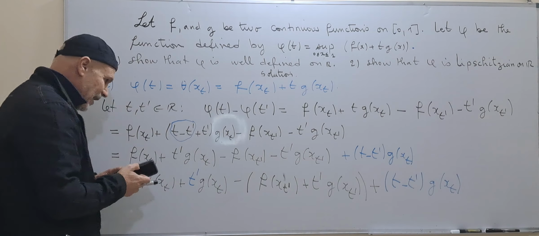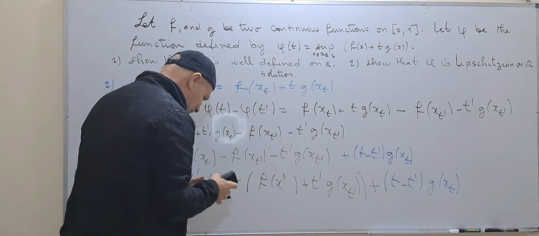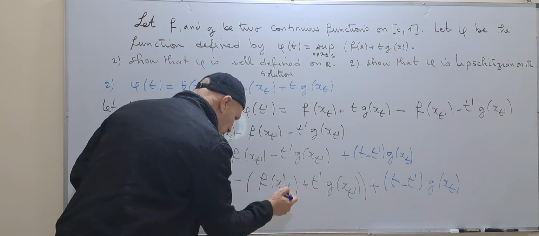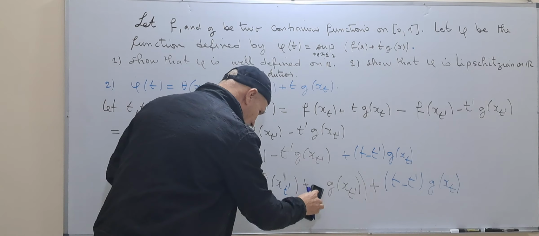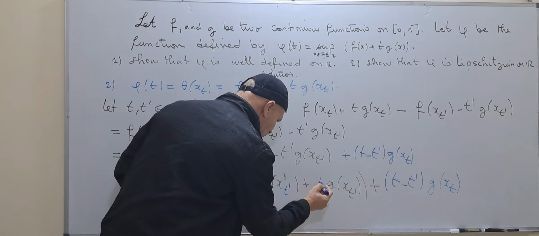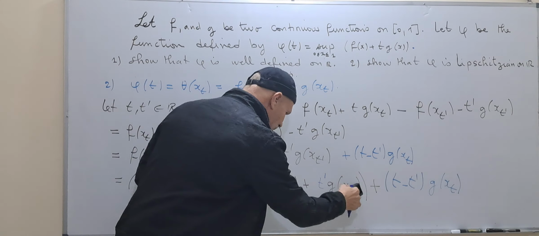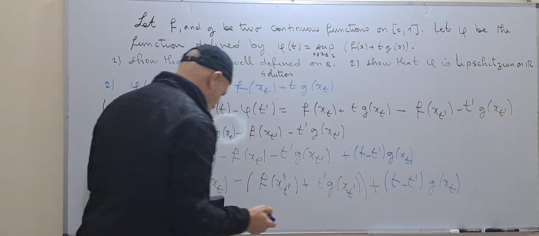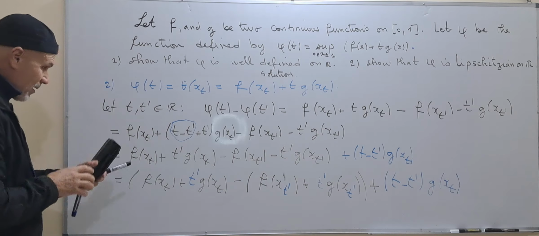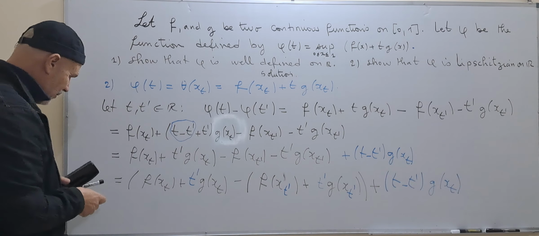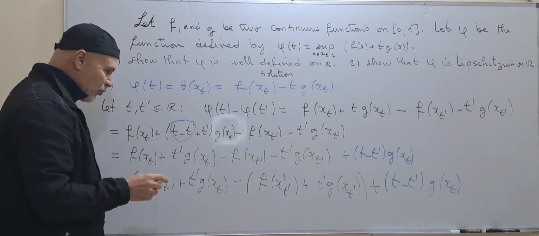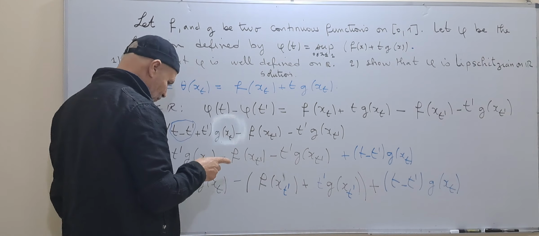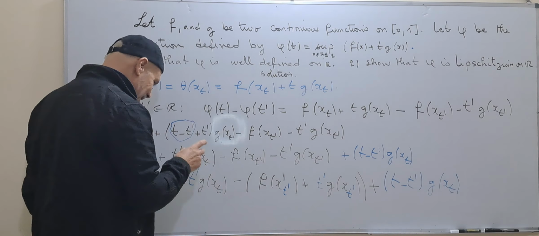I need once again t prime here, t prime, and t prime here, and t prime here. From this formula, we deduce that xt prime is the maximum in this case.